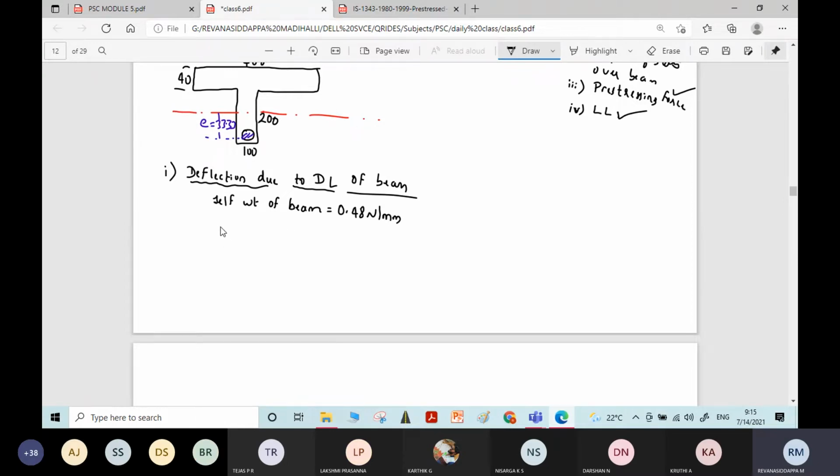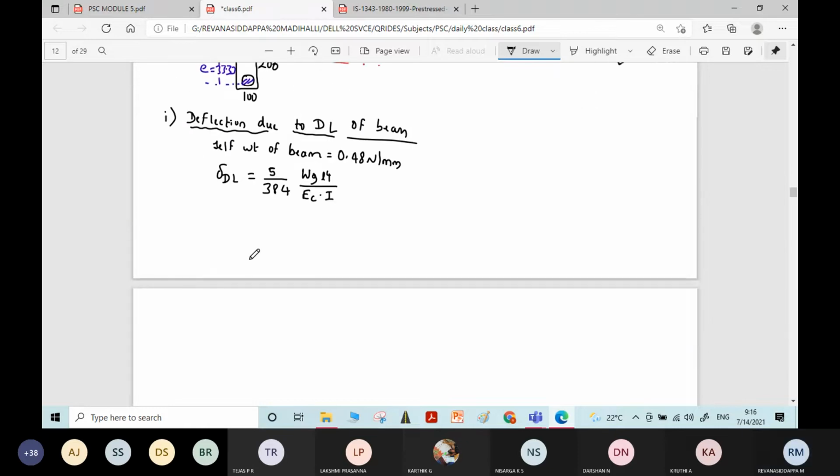So we know the formula for finding the deflection due to dead load. Delta DL is equal to, what is the formula? Anyone remembering? It is 5 by 384 WL raised to 4 divided by Ec into I. Correct? This is the deflection due to dead load, or deflection due to live load if the live load is UDL.